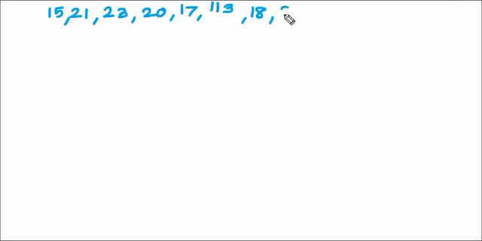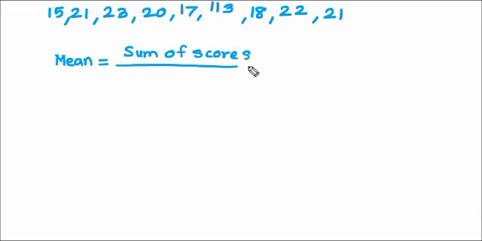Now let's take one example. So these are the scores of a player in last 9 innings. If we want to find mean, we know mean is equal to sum of the scores divided by total number of innings.